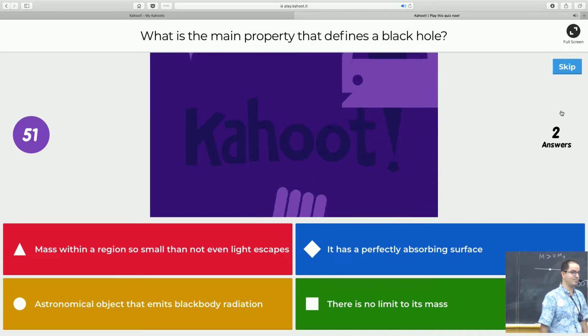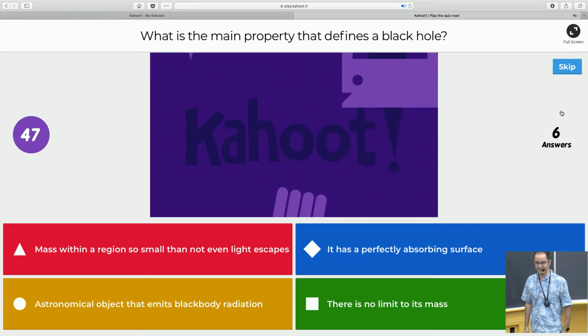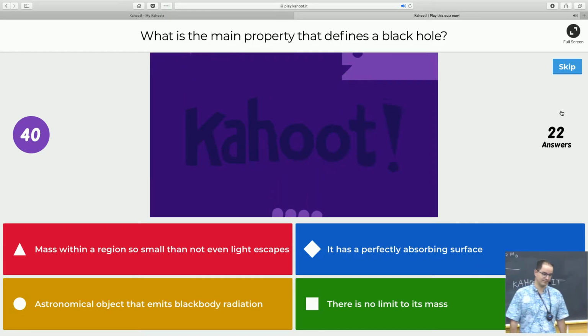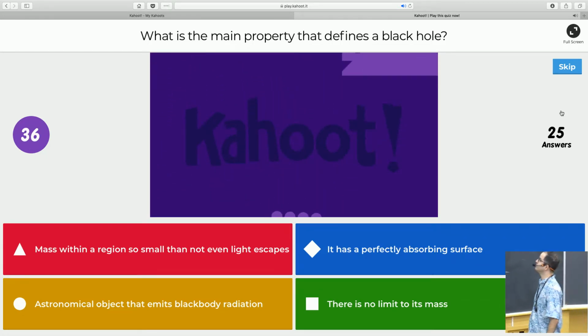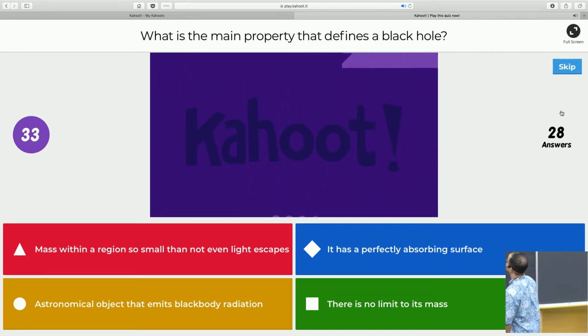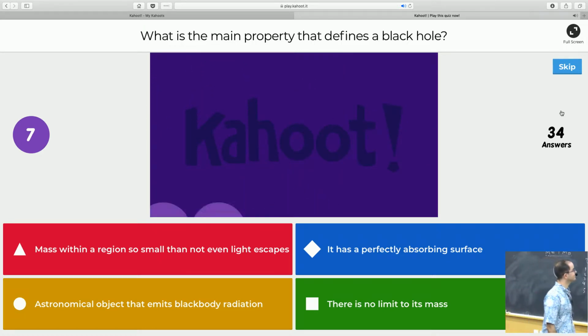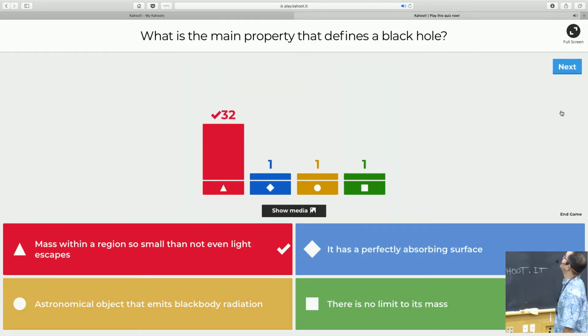What is the main defining property of a black hole? Okay, most of you got the answer correctly.